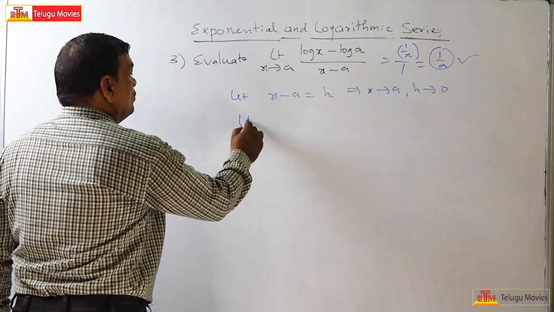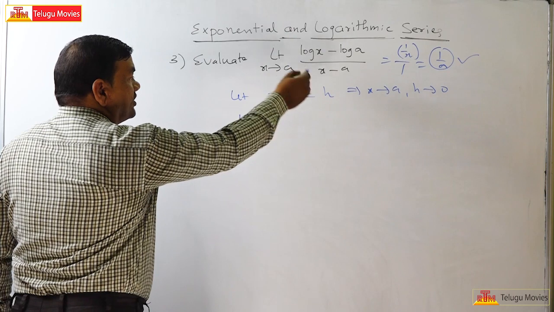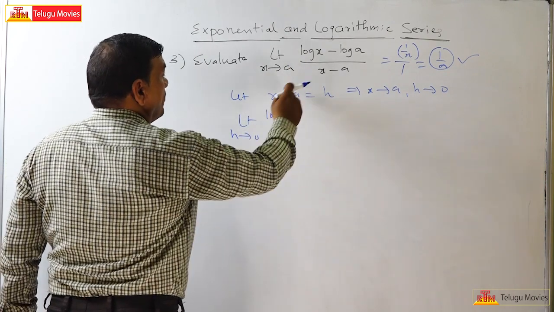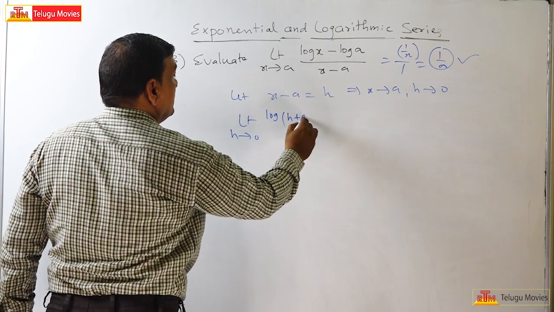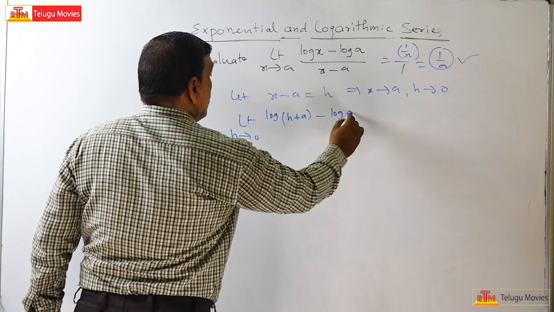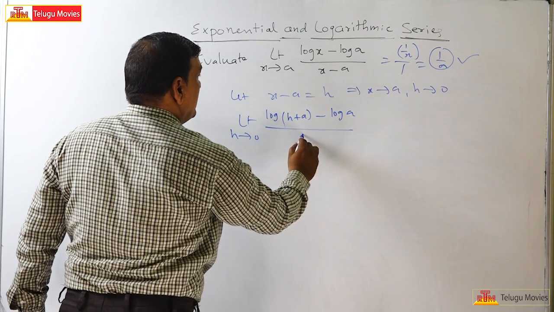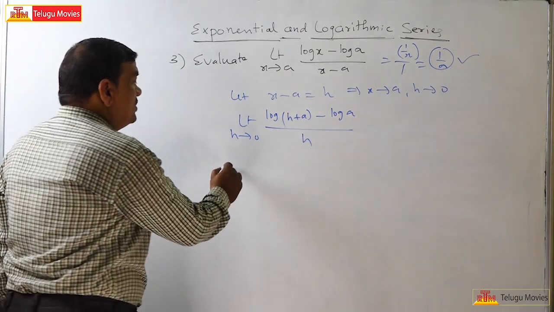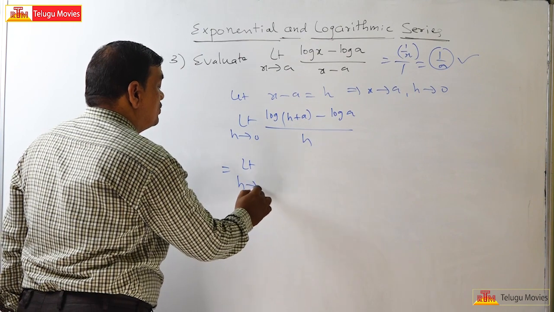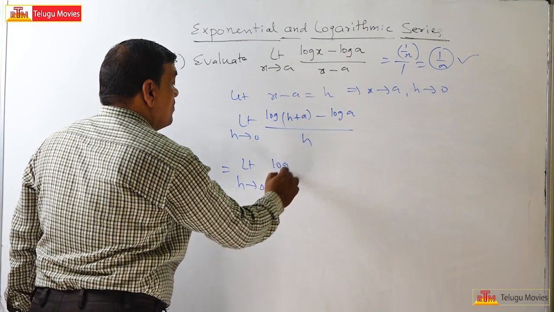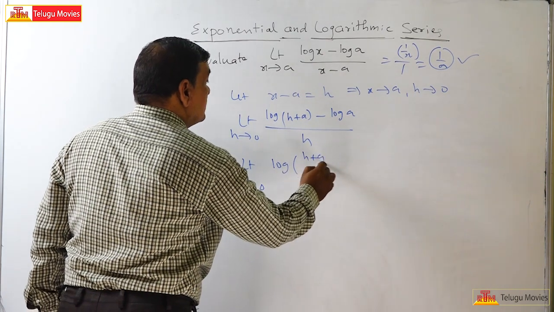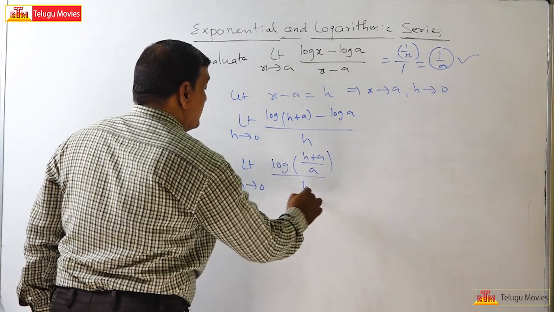So this is equal to limit h tends to 0 of log of, in place of x, h plus a, minus log a, divided by x minus a, whose value is h. Now this implies limit h tends to 0 of log a by b, that is (h plus a) by a, divided by h.